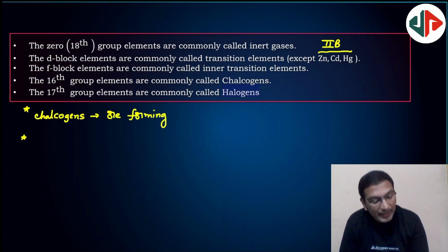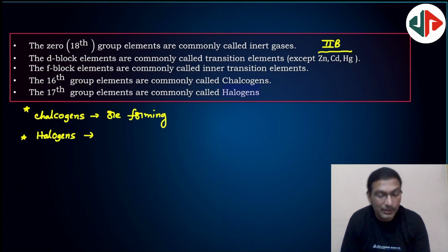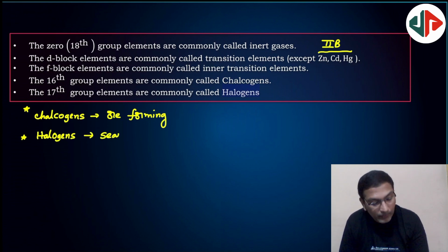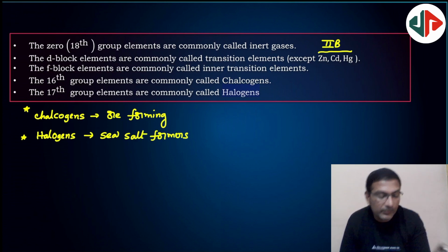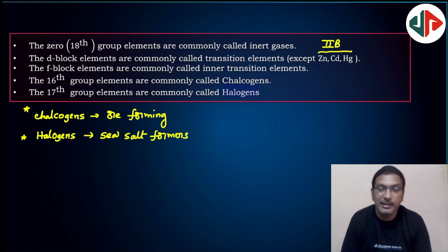Next, what are halogens? 17th group elements are known as halogens, sea salt formers. Sea salts contain these anions: fluorides, chlorides, bromides, iodides. Salts of the sea contain these elements.